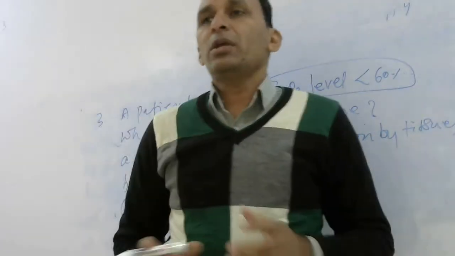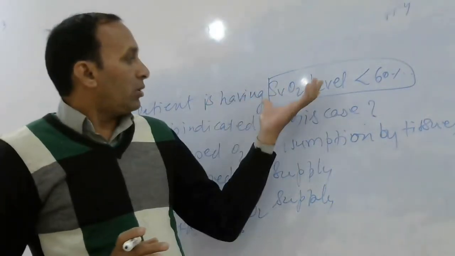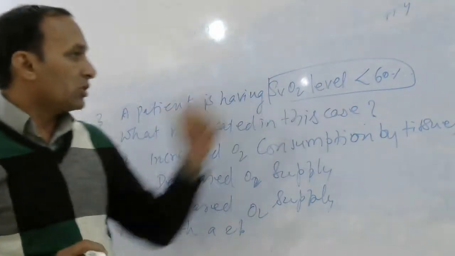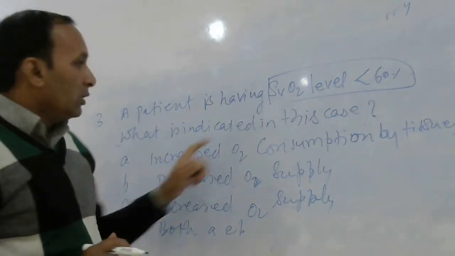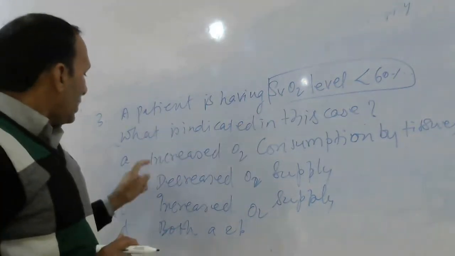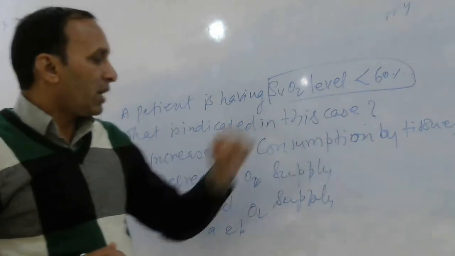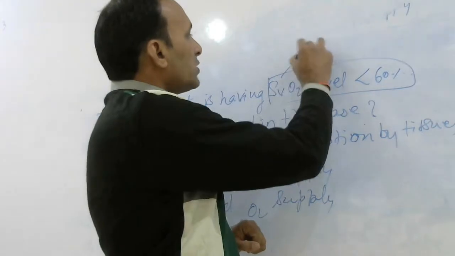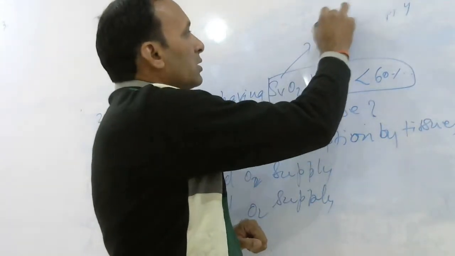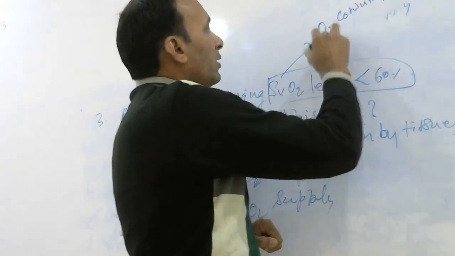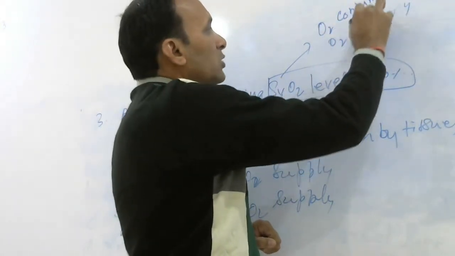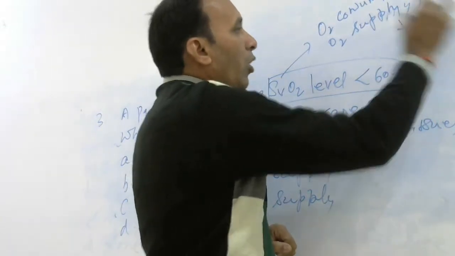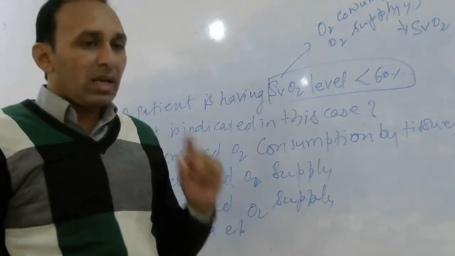So students, understand here what they are asking. SpO2 level is less than 60% in the patient sample or in the patient investigation report. So what does it indicate? A option, increased oxygen consumption by tissues. So you know friends, SpO2 represents two things. One is oxygen consumption and second is oxygen supply. Also we should talk about the normal SpO2.